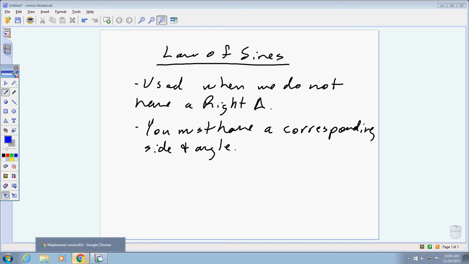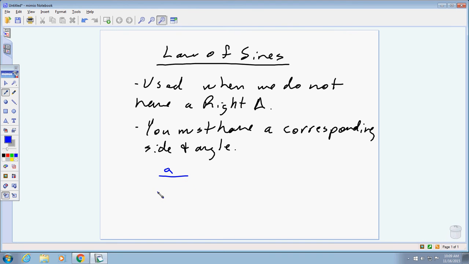So a over the sine of angle A equals b over the sine of angle B, equals c over the sine of C. Of course, those variables don't mean anything. They're just random variables. You could use P, Q, and R if you wanted, or H, J, and K.